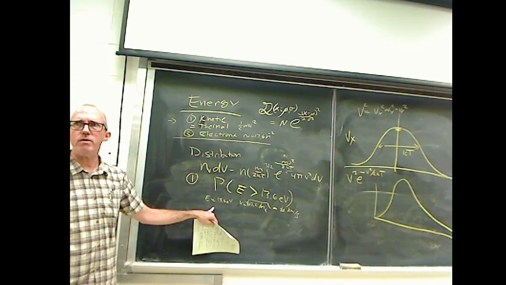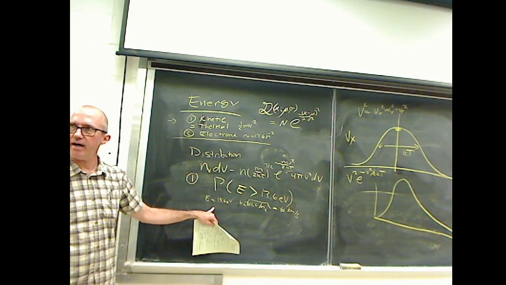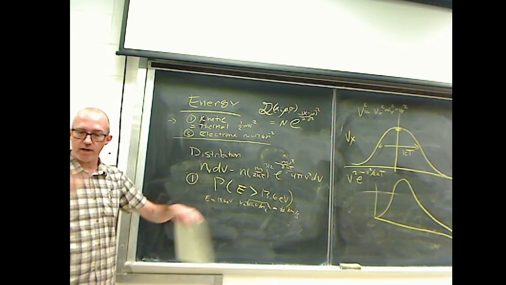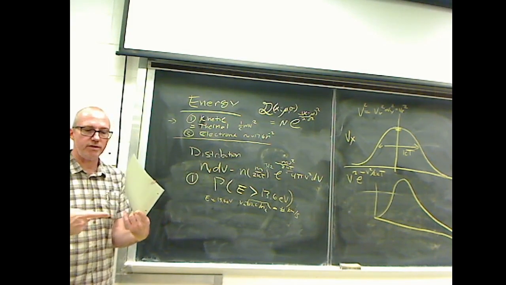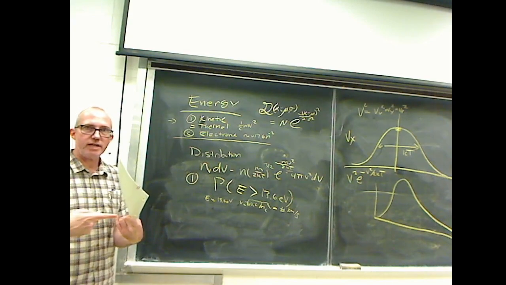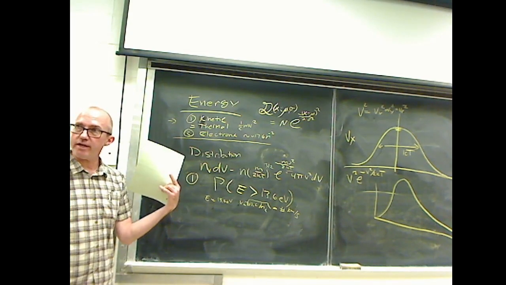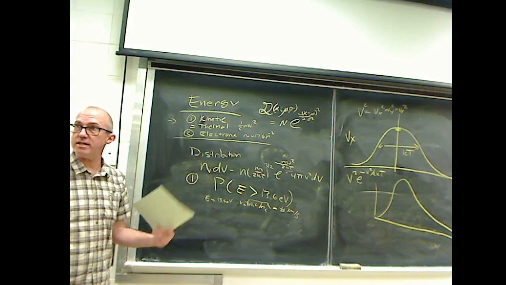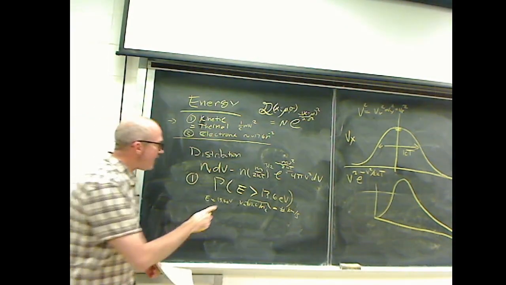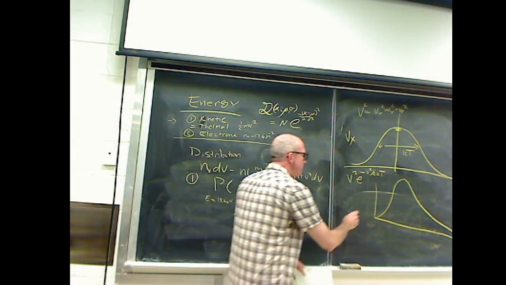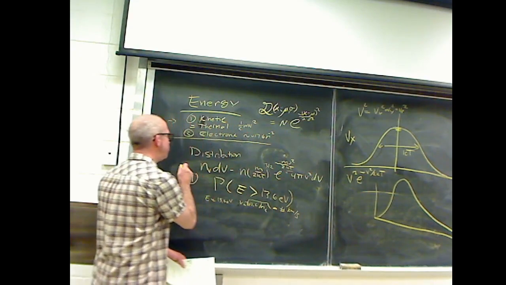So I want to know what fraction of atoms have a high enough velocity to ionize a hydrogen atom that they run into. So 2 atoms run into each other, and that kinetic energy goes into the electron energy. Sometimes there's enough energy to knock an electron off. How do I do that? So I integrate, so my distribution is here.